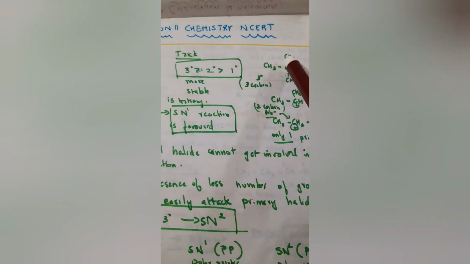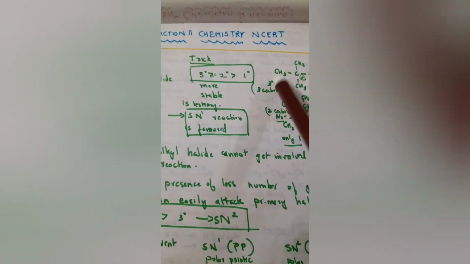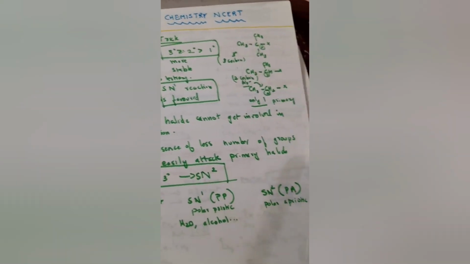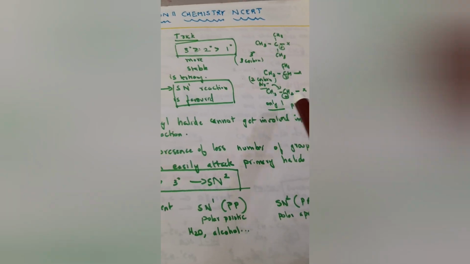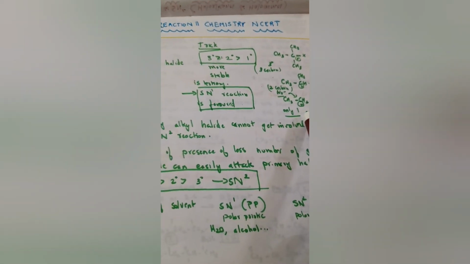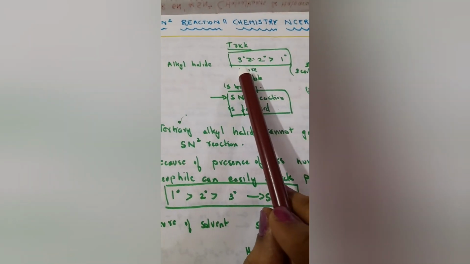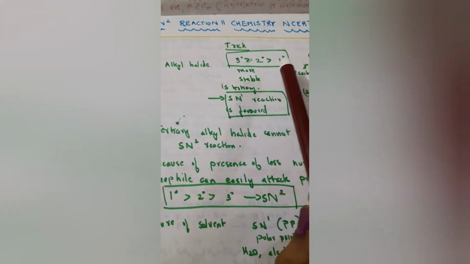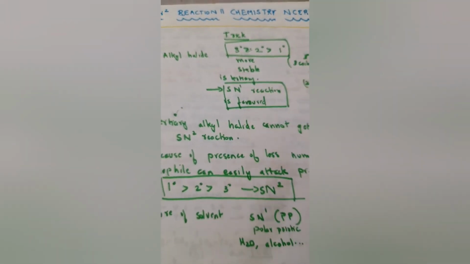Why? Because the nucleophile cannot easily approach the carbon atom as more groups are there. Due to the presence of fewer groups in primary, the nucleophile can easily attack. So this is tertiary, secondary, primary, that is the order of stability. More stable is tertiary and less stable is primary.